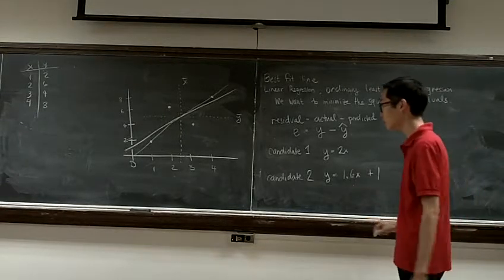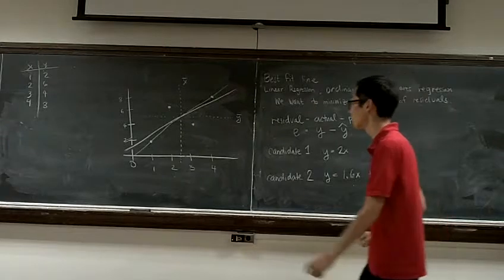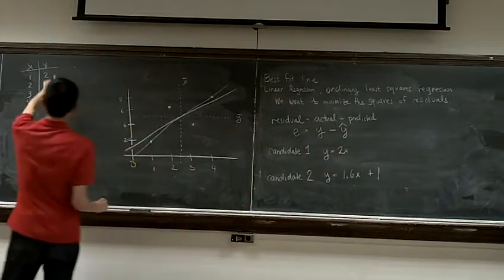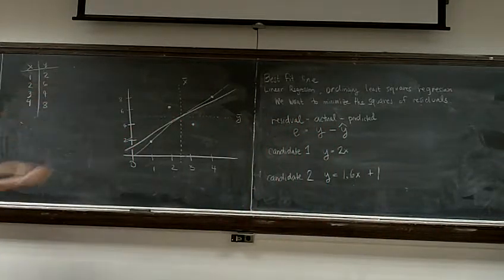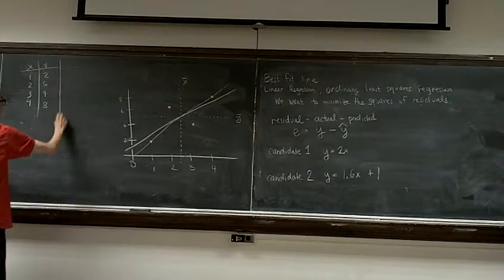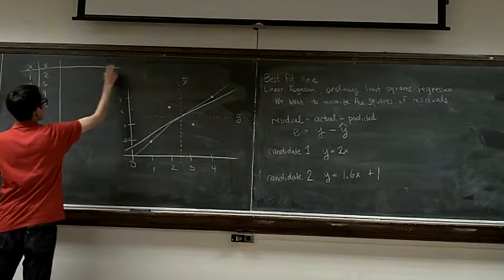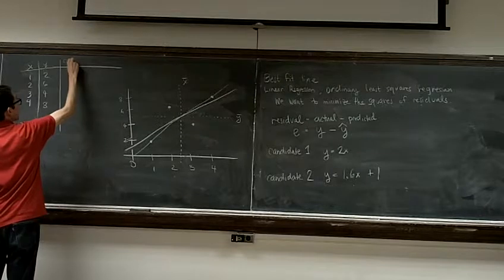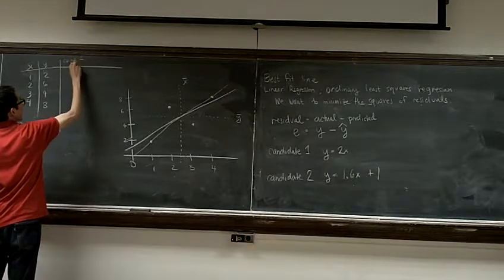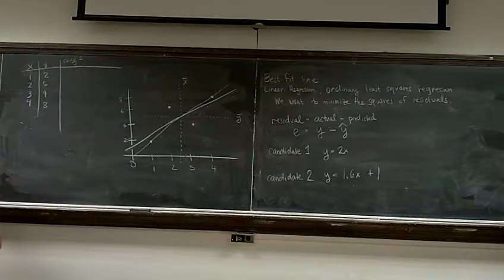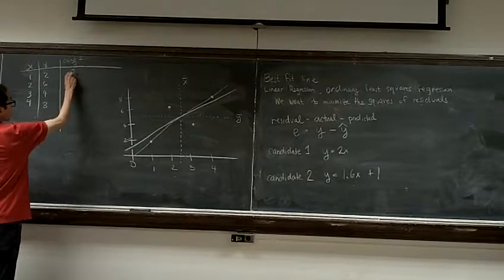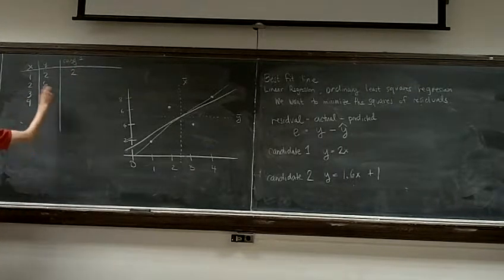Alright, so under candidate 1, let's do the predictions. Okay, so I have x and I have y. Alright, so this is candidate 1, y hat. These are the predictions under candidate line number 1. So under candidate line number 1, I would predict my y to be 2.